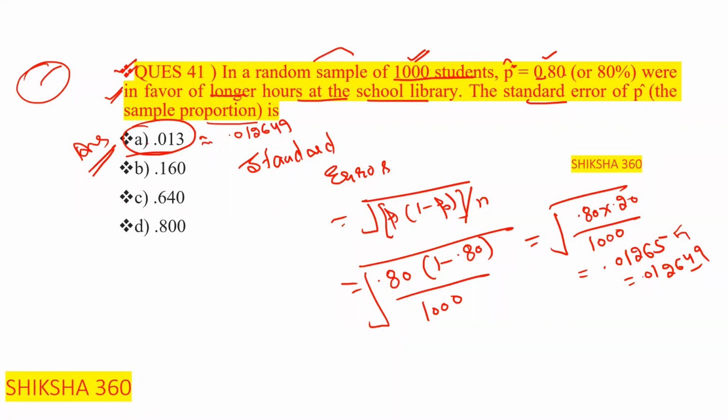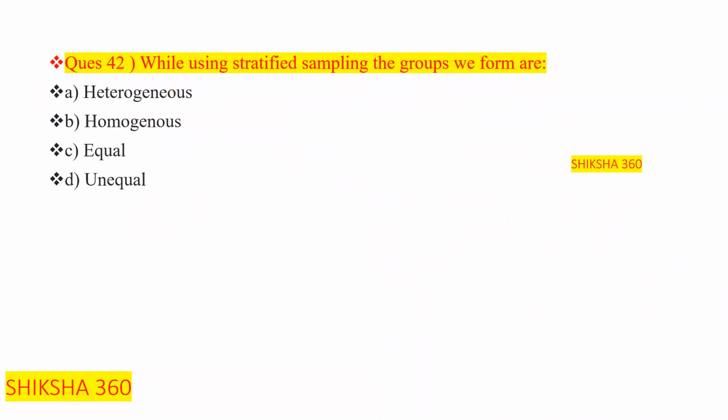We treat the proportion in favor as P, and 1 minus P we treat as Q, those persons who are not in favor. So you have to remember how to calculate the standard error in these types of questions, and this one is the correct answer. Now move to question number 42.